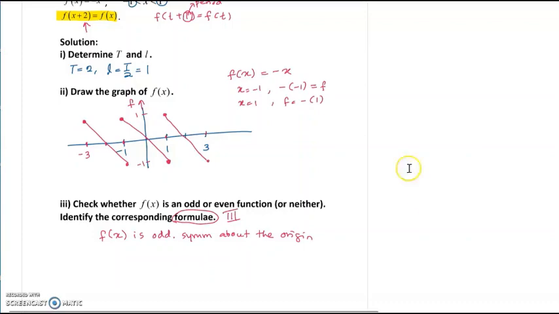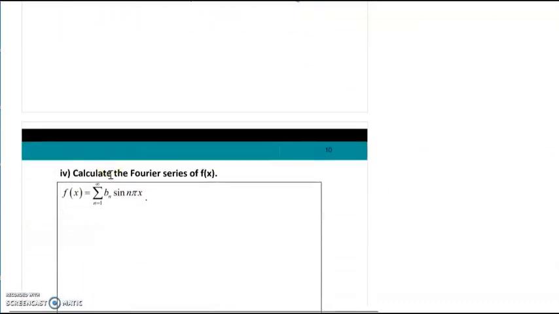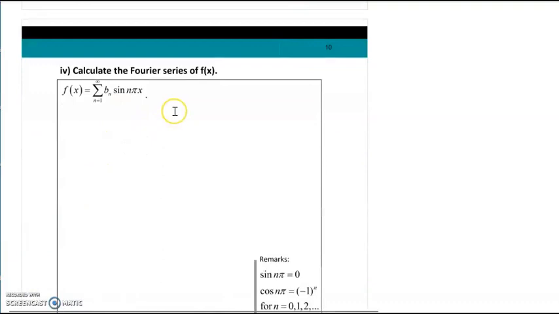So the next step is to calculate the Fourier series. Formula 3 says that the Fourier series is given by only f(x) equals the summation of b_n sine(n pi x over L), because if f(x) is odd, then a_0 and a_n are automatically 0.